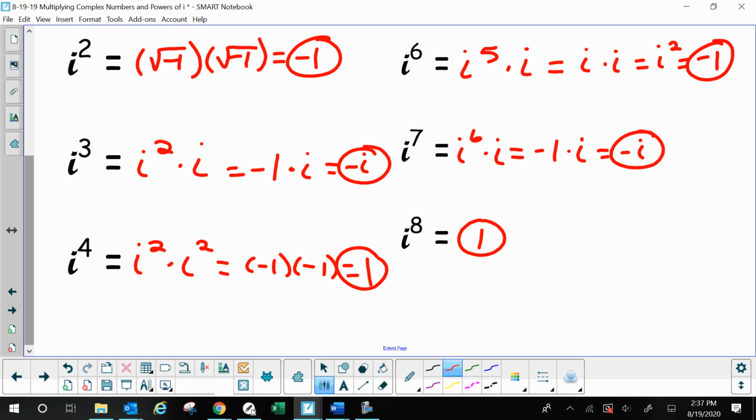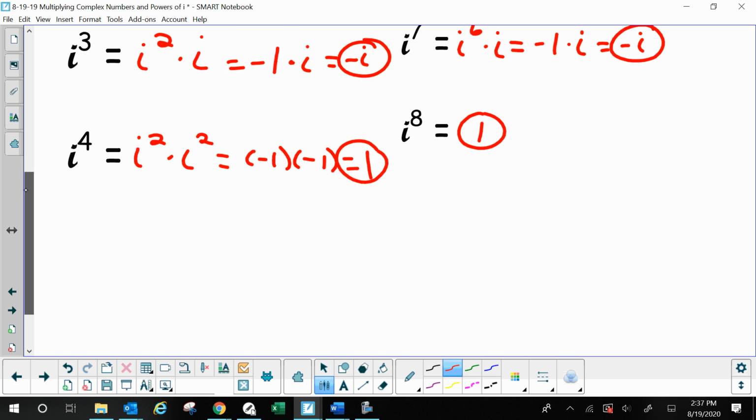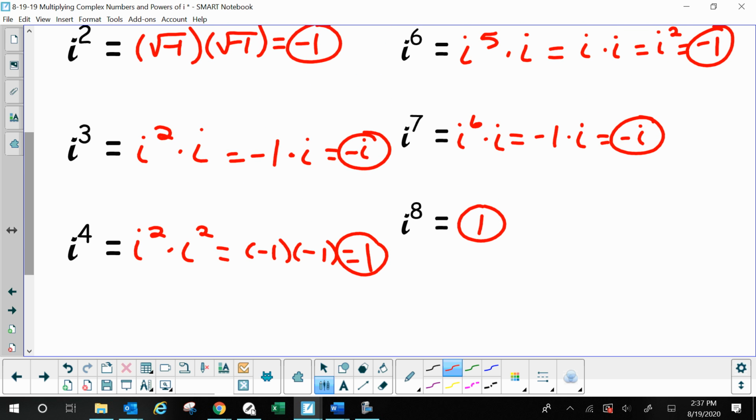So if you do i to the 7th times i to the 7th, that was negative i times negative i. So that's negative i squared. Well, what is i squared? Negative 1. So that becomes negative times negative 1, which is just 1.